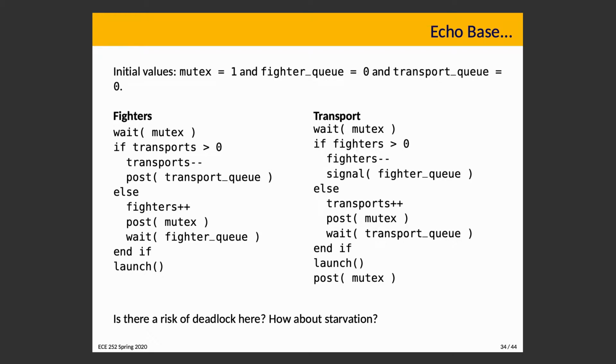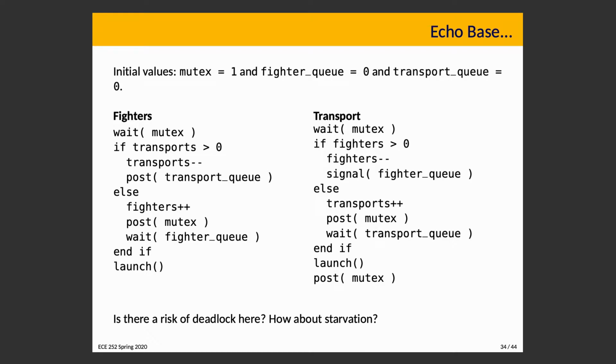Well, I mean, it looks wrong. It doesn't seem quite like anything else we're used to. But it's okay. You'll see that when we go through the transport code. Transport does post on mutex unconditionally.